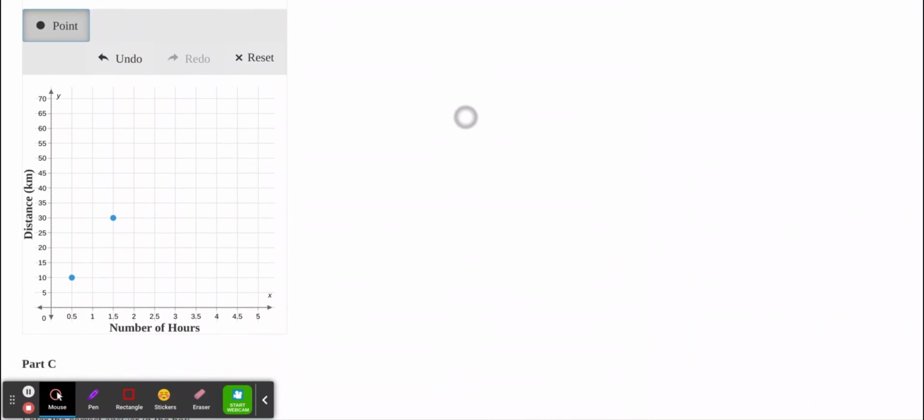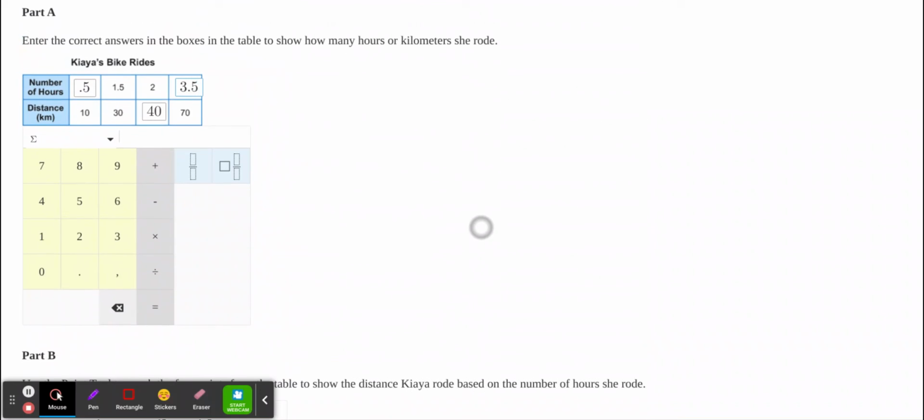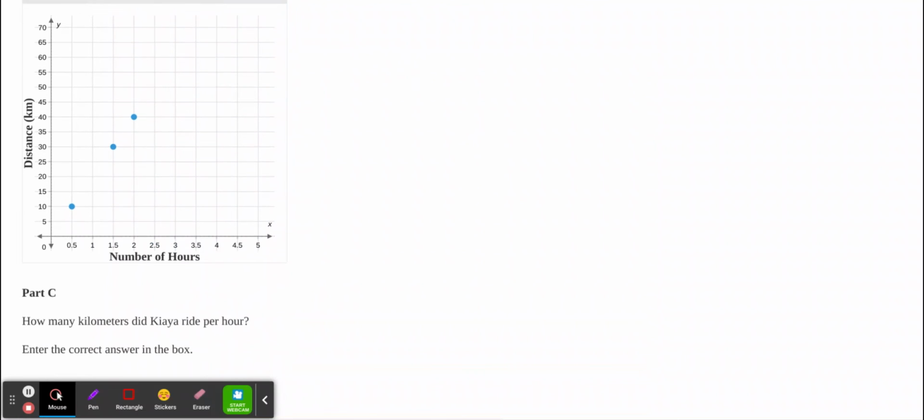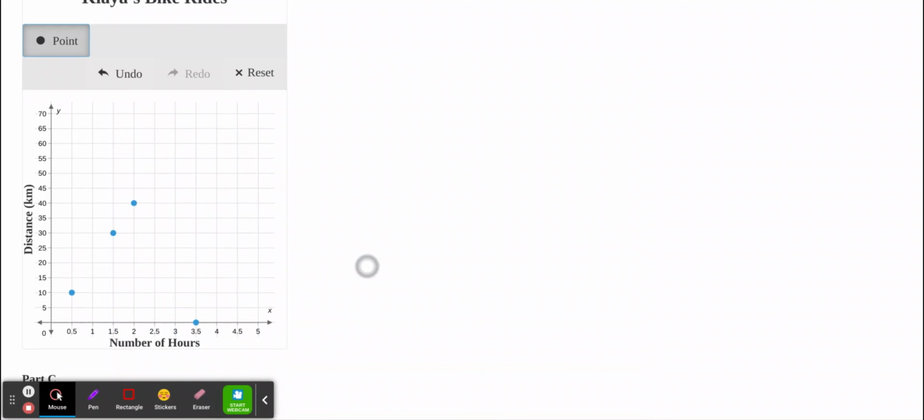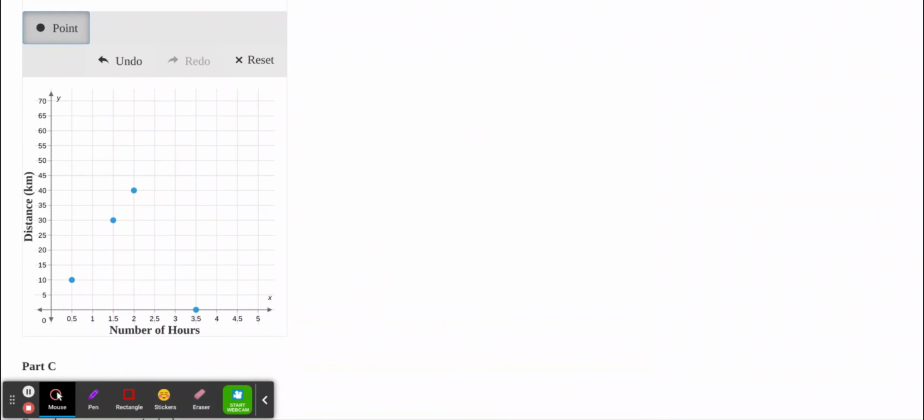I've got 2 hours and 40 kilometers. So 2 hours and 40, and 3.5 hours and 70. Oh, no, take that away. How do I erase here? Let's undo that last one. 3.5 hours and 70 kilometers, way up the top.